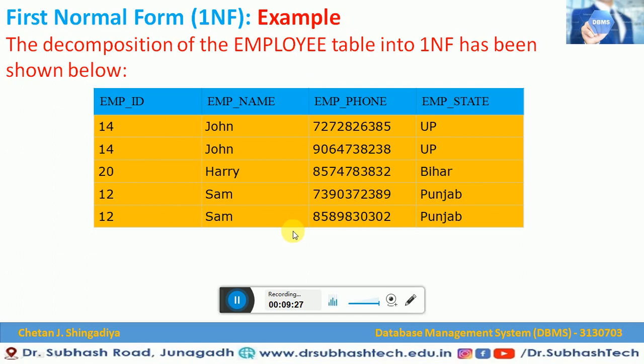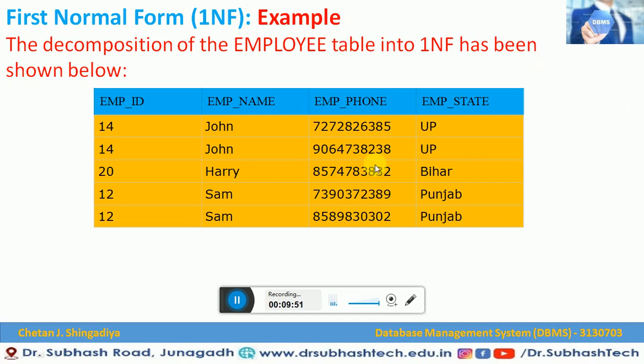This property is satisfied. Next we have to check whether there are any composite attributes. Here you can see there are no composite attributes. So now we can call this relation a first normal form after decomposition of the employee table. This is how the first normal form will be executed in normalization.